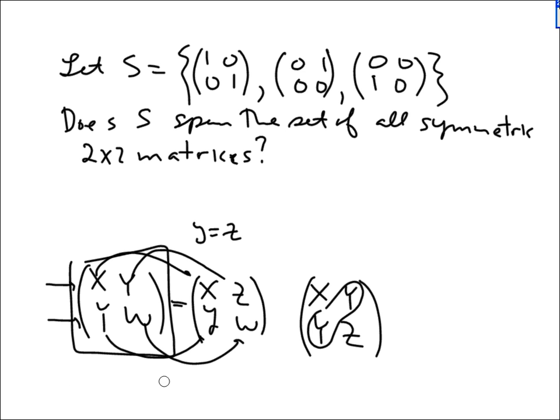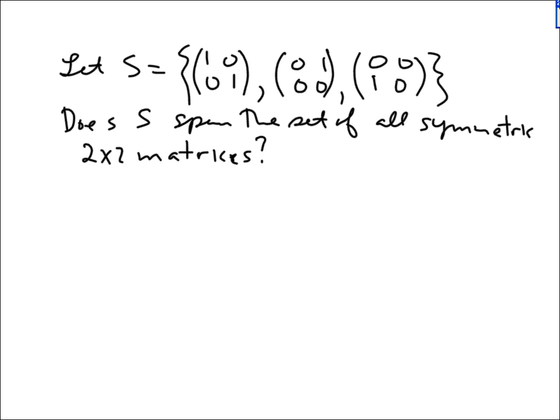So that's what we want to know. Can the given matrices in set S give us each and every matrix that is symmetric, 2x2? That is what we want to know.